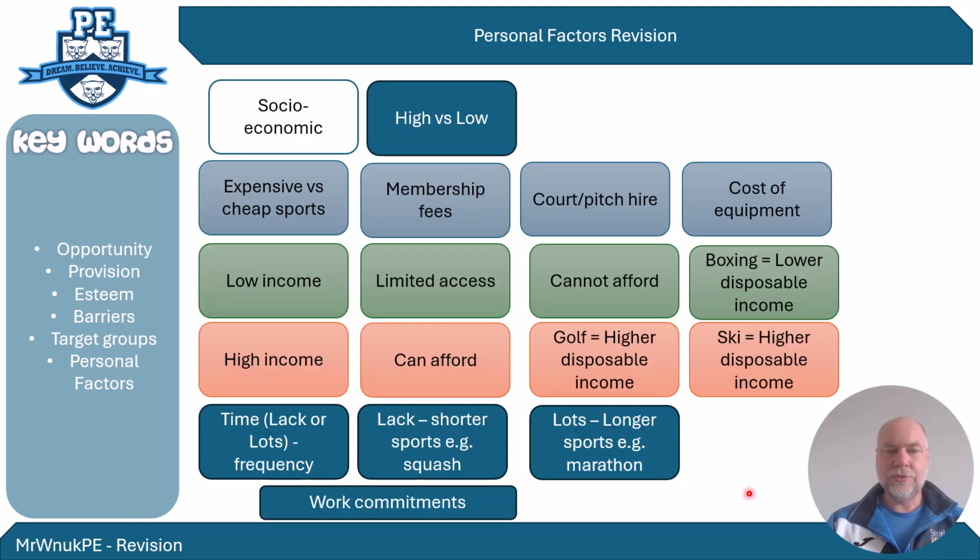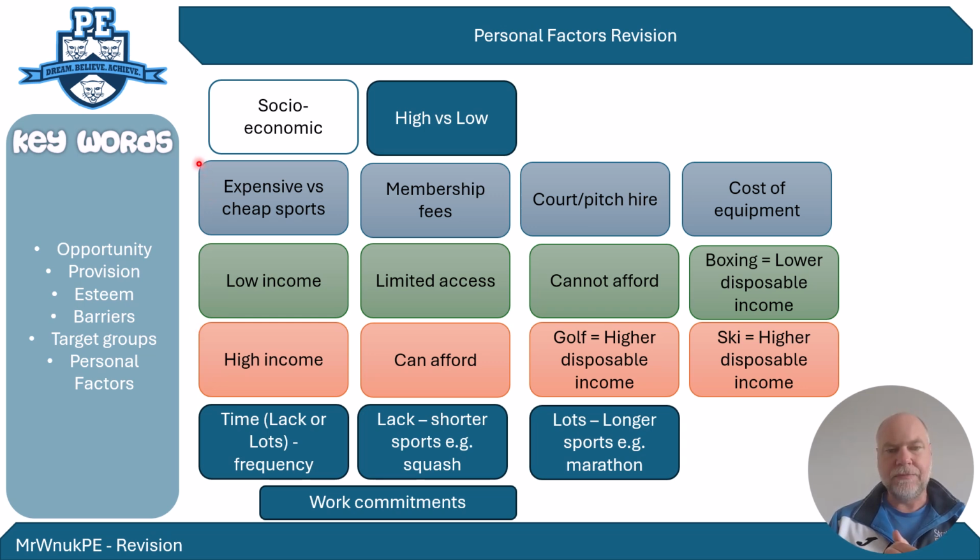When we're talking about socio-economic background, we are talking about how much money essentially someone has. That's putting it in very basic terms. We're talking about whether people have high income or low income. So questions tend to be broken down into comparing people with high and low incomes.